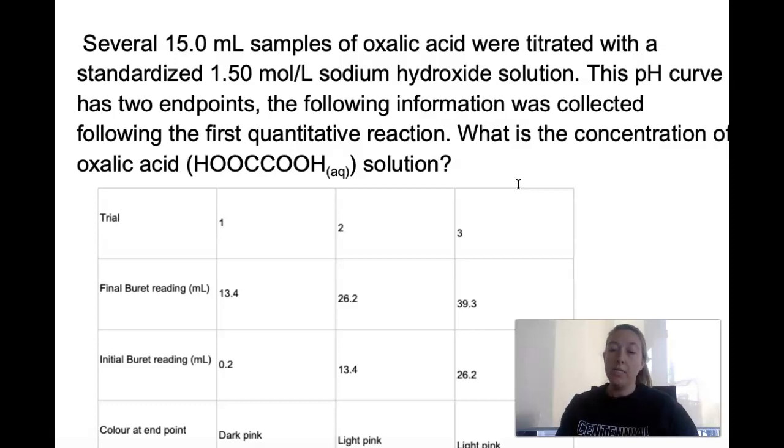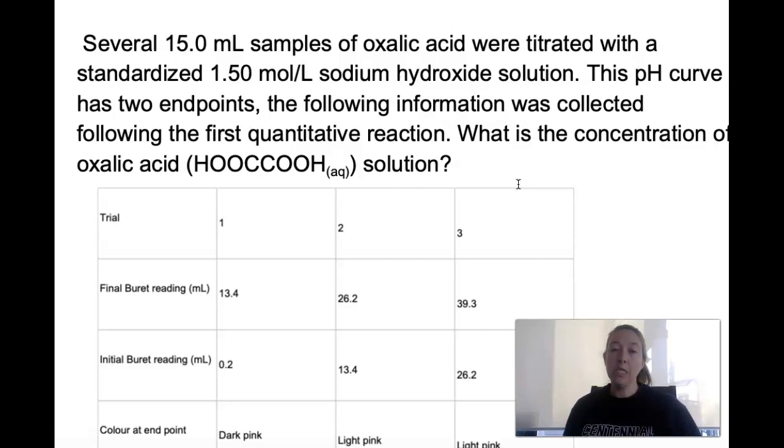So what is different about these than the titration calculations you did last year is when we are dealing with multiple endpoints, like we did in the last two, right? Both of those had 2 endpoints. We're going to find that the titration data we have collected is going to be for one of the 2. So when I go to write my balanced equation, that's the part that's really going to be different.